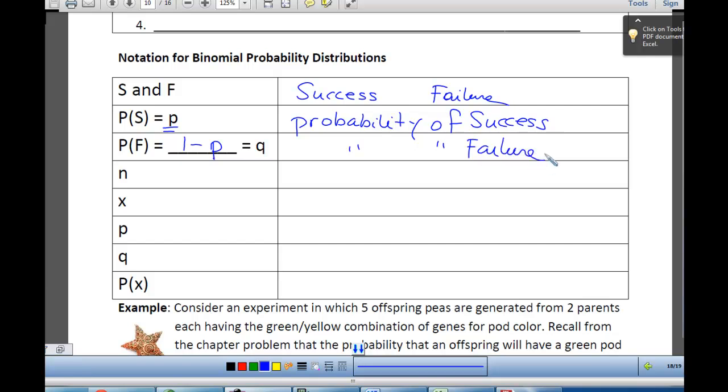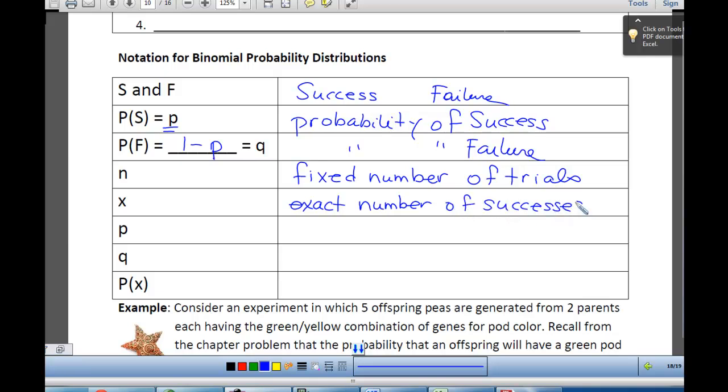Okay, N is going to be that fixed number of trials that we talked about. And X is going to be the exact number of successes that we're interested in. Okay, we already said lowercase p represents the probability of success.